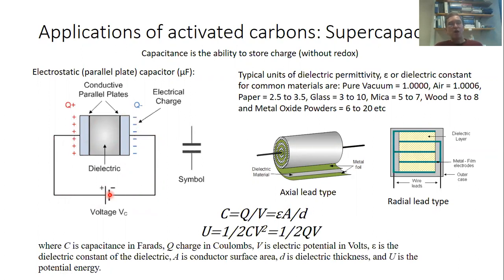So now, how many charges do actually accumulate, and how does that relate to actual capacitance? That depends on a number of factors. One factor is the type of the dielectric that you use.